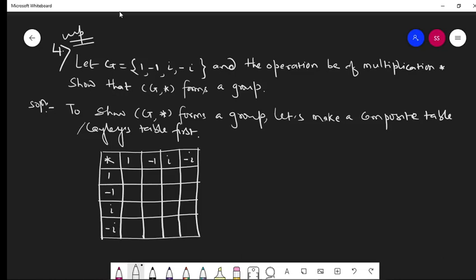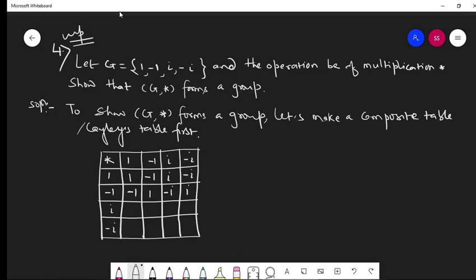The product 1 times 1 is 1, 1 times minus 1 is minus 1, 1 times i is i, 1 times minus i is minus i, minus 1 times 1 is minus 1, minus 1 times minus 1 is plus 1, minus 1 times i is minus i, and minus 1 times minus i is plus i.